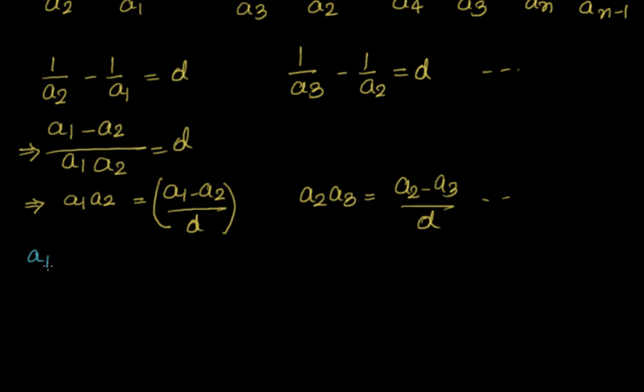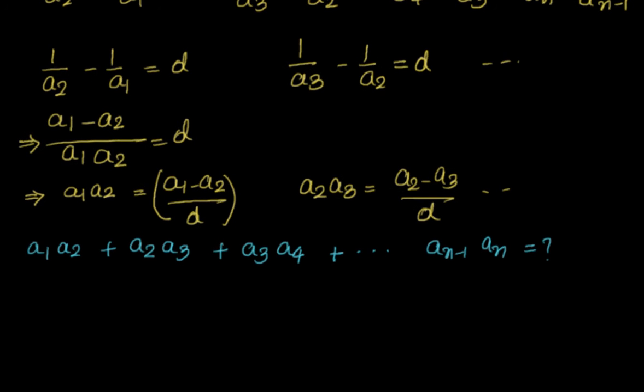What we want is A1A2 plus A2A3 plus A3A4, like this we will go up to n terms, that is A(n minus 1)AN, equal to how much? This is what we need.